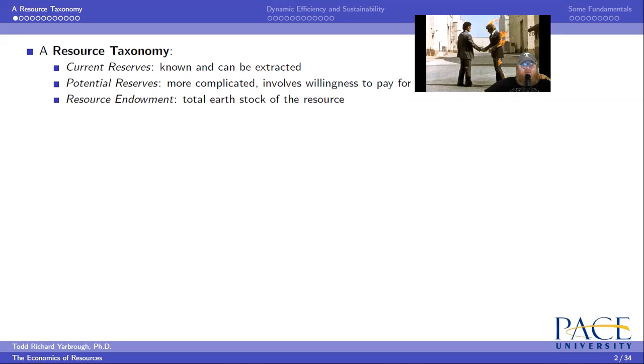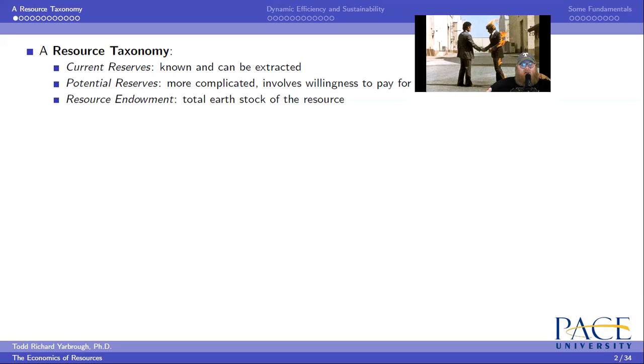So current reserves are reserves that we know about. We haven't extracted all of them necessarily, but we know about them. So they're extracted reserves plus the reserves that we know about that can be extracted. That's a real interesting distinction that when we talk about resources is very important: primarily we think about resources in the context of extraction, and in the context of, are we able to get it out of the ground physically?